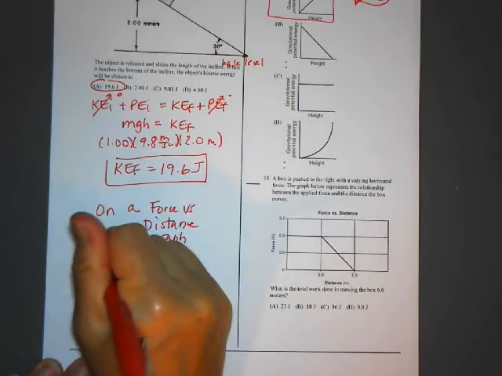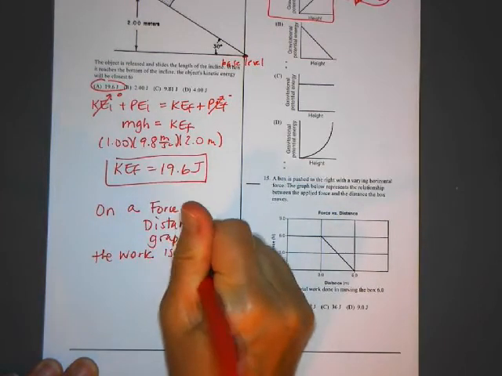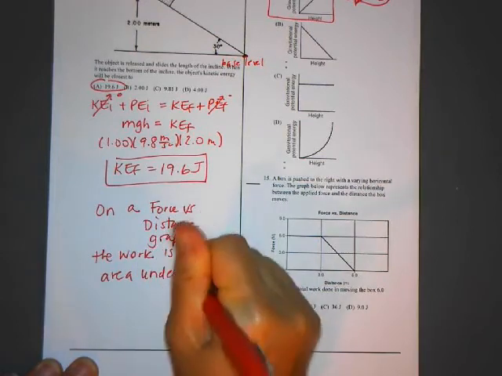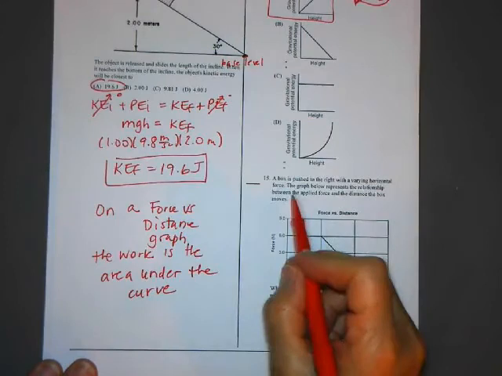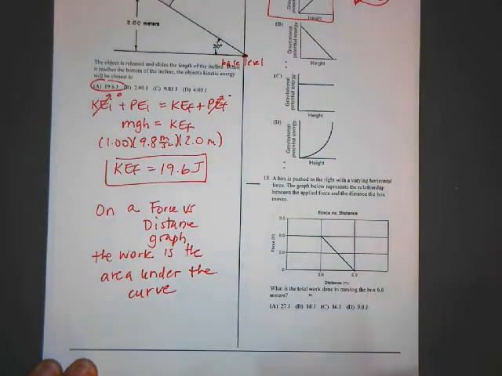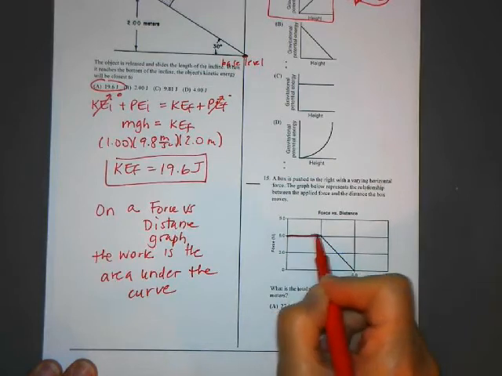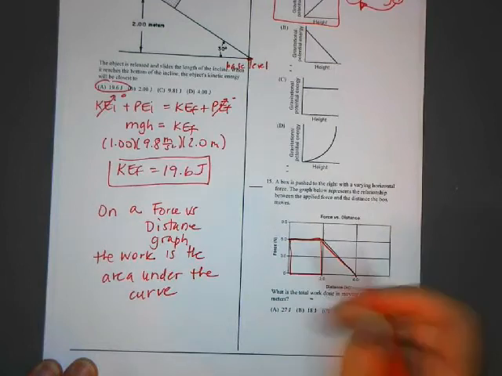the work is the area under the curve. So the question asked me, what is the total work in 6 meters? So what I'm going to do is I'm going to do this. This is the curve. So first I'm going to do the rectangle, and then I'm going to do the triangle.